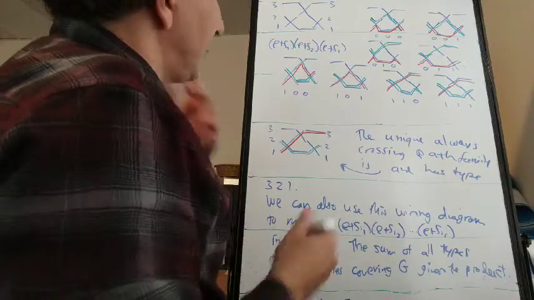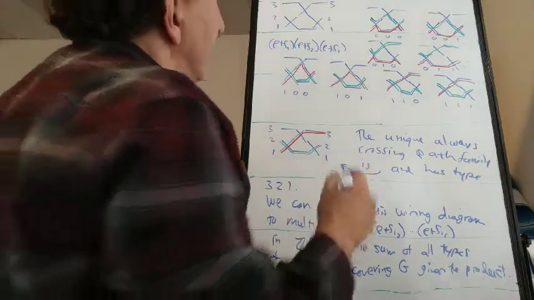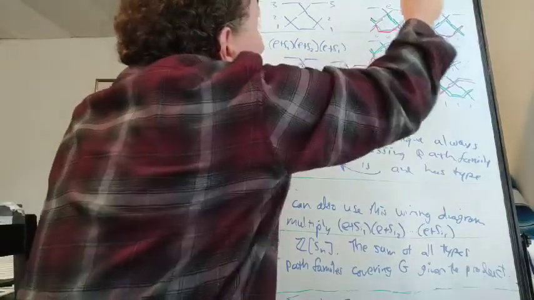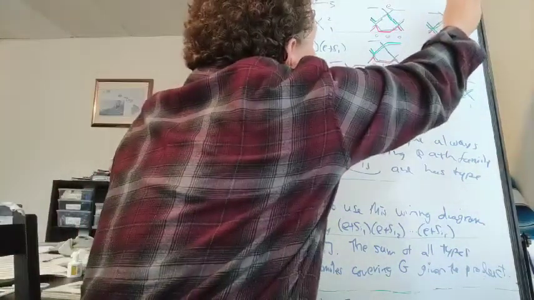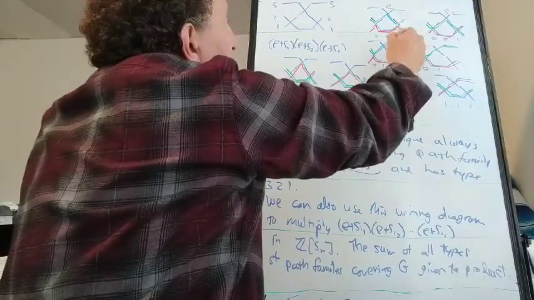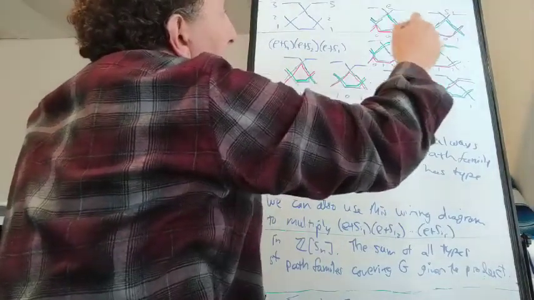So the types of these path families are: 1, 2, 3, so that's e, and that's s1, and that one is s2.